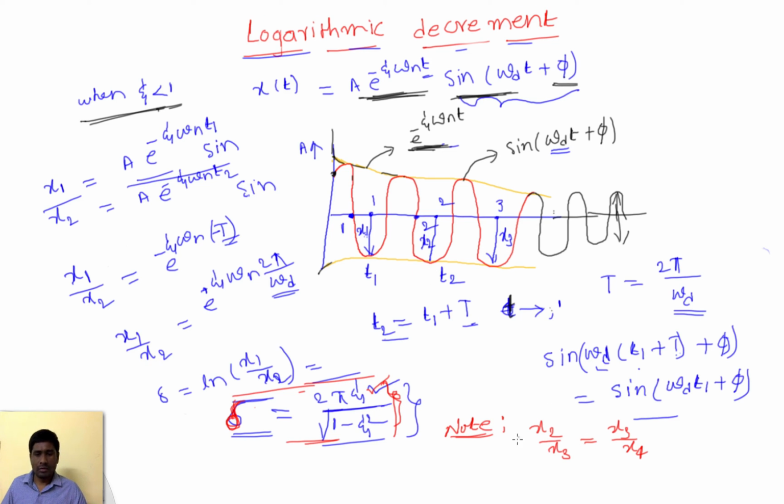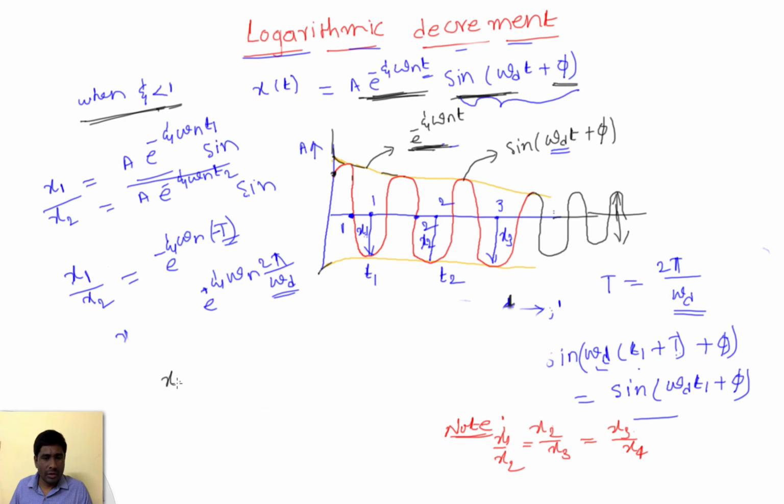So x1 by x2 equals e power delta, and x1 by x2 into x2 by x3 into x3 by x4 and so on equals e power delta into e power delta and so on, up to the nth term, which becomes e power n delta.